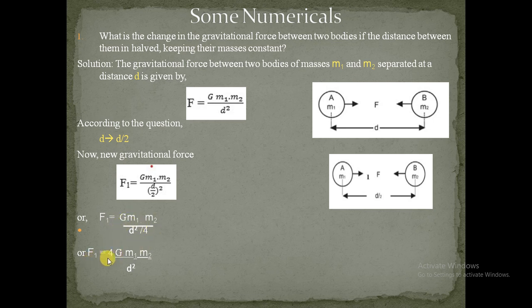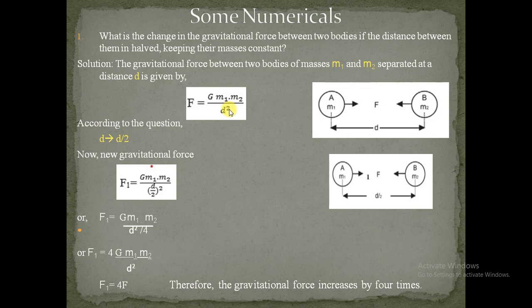So F1 is equal to 4 G m1 m2 upon d square. This 4 has gone off. So finally we get F1 is equal to 4, same here, G m1 m2 upon d square.